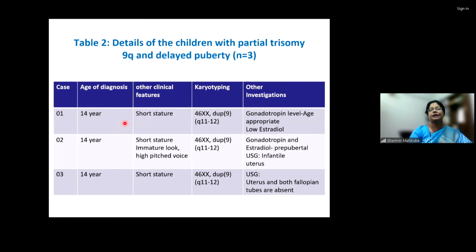All of them presented at 14 years of age, and all of them had short stature. One of them had features of hypopituitarism and also had hypogonadotropic hypogonadism. And another child, I have previously shown, had ultrasonogram finding of absence of uterus and both fallopian tubes.